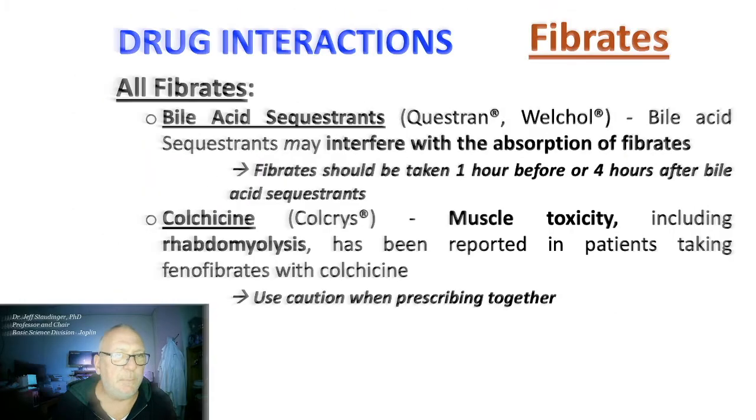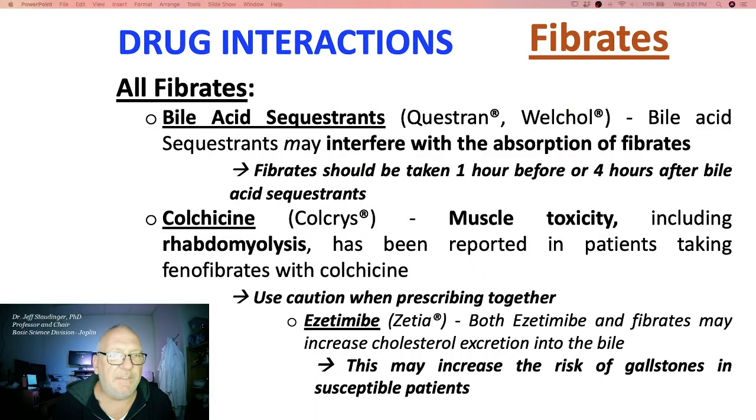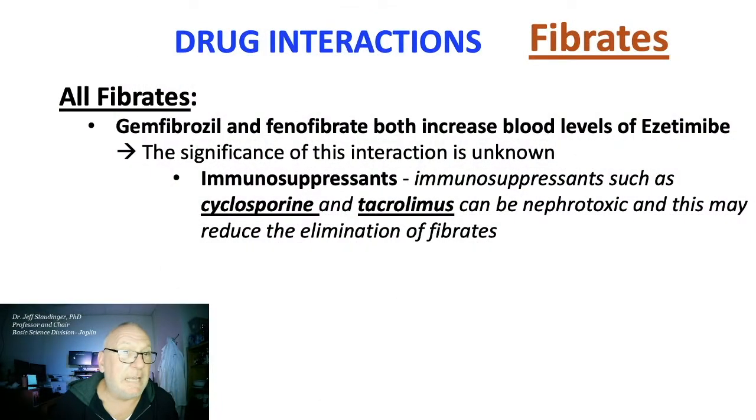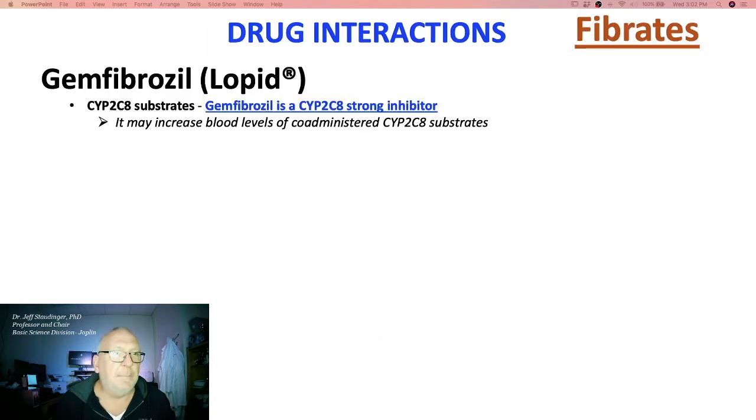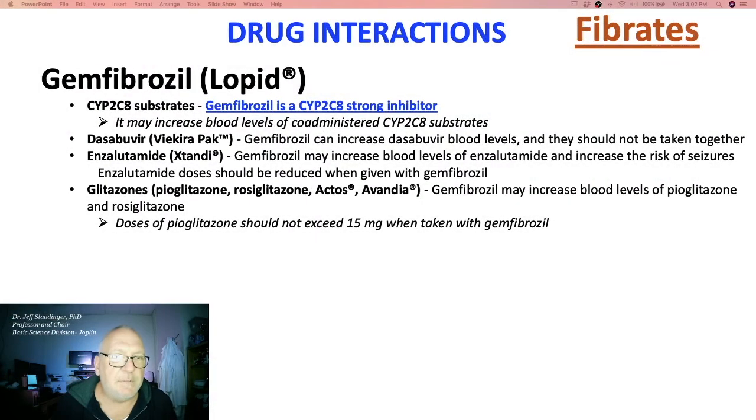Colchicine interacts with fibrates. Ezetimibe interacts with fibrates. Immunosuppressants cyclosporine and tacrolimus interact with fibrates. Warfarin and fibrates interact. Because gemfibrozil is a strong CYP2C8 inhibitor, it can increase blood levels of co-administered CYP2C8 substrates. Examples of those are listed here: dasabuvir, enzalutamide, and glitazones.